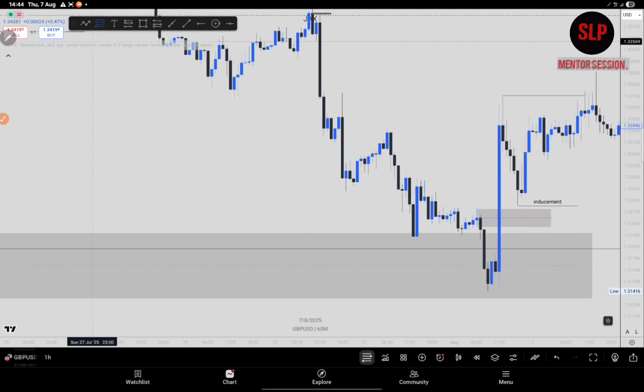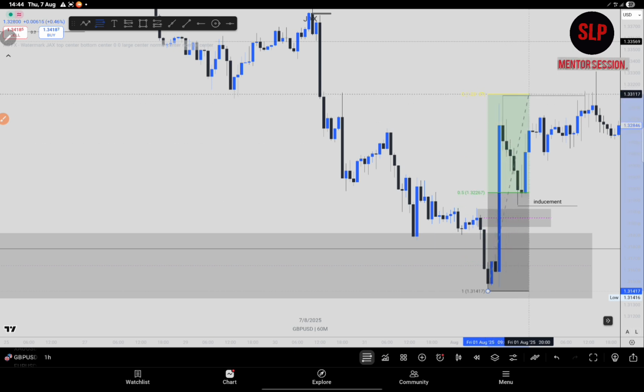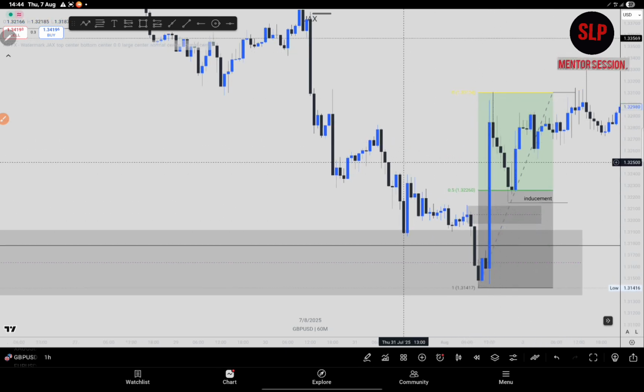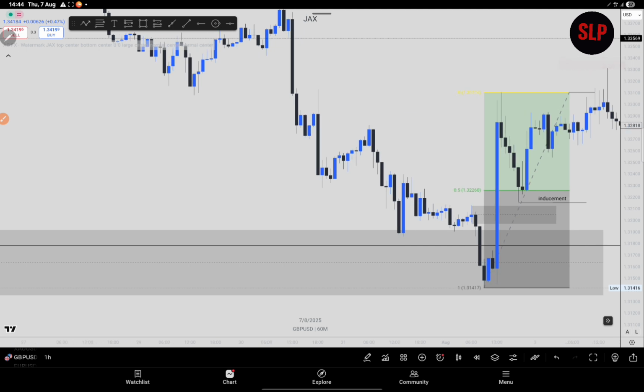The first thing I would do when I saw this and I saw my inducement is take my fib from the low to the high. This is a buy swing structure from the low to the high. The first thing you can observe, if you look at this Fibonacci, is that the inducement tapped into the 50%, and we have the Fibonacci rule that says buy at discount, sell at premium.